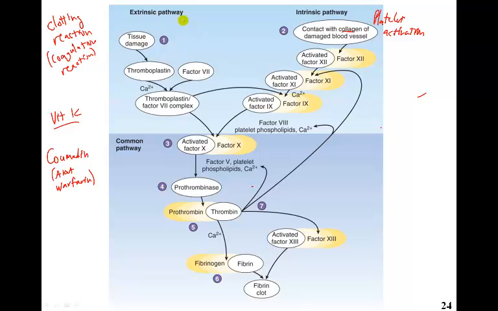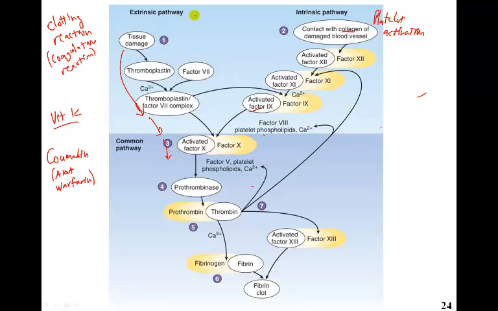But then you also have what's called the extrinsic pathway. In the extrinsic pathway, damaged tissue releases molecules into the blood, and these tissue molecules, if they're at a high enough level, can trigger the clotting reaction to occur even without activated platelets.